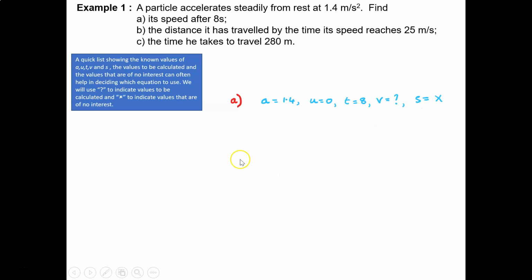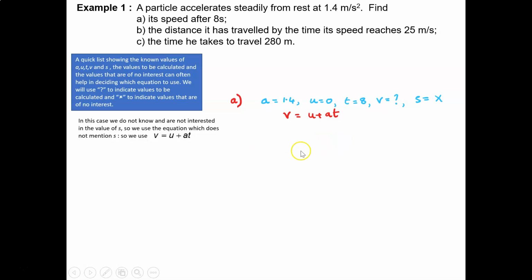So the equation of constant acceleration that does not use S is V equals U plus AT. Putting values in, we get that V is equal to 0 plus 1.4 times 8, and that gives us 11.2 meters a second. So that's the first part of this question.